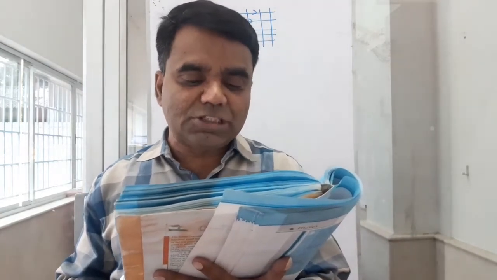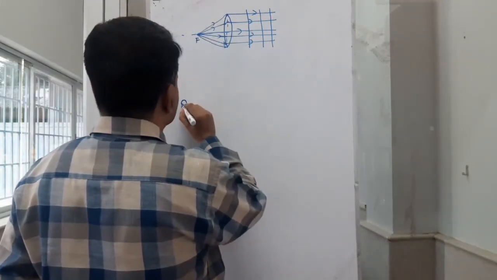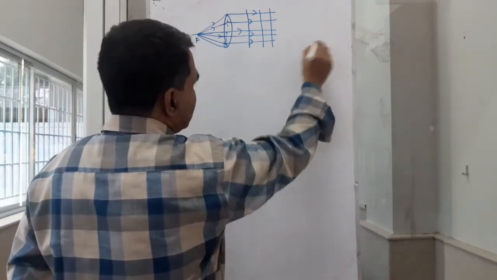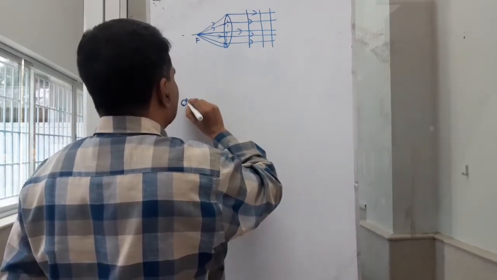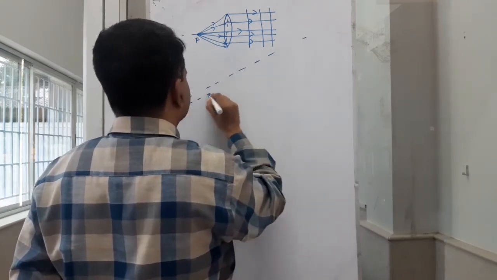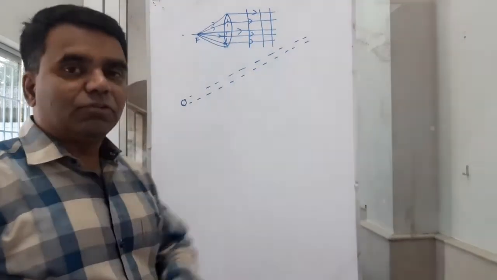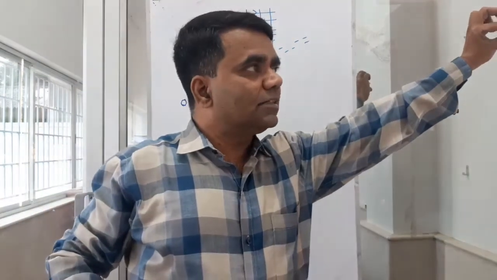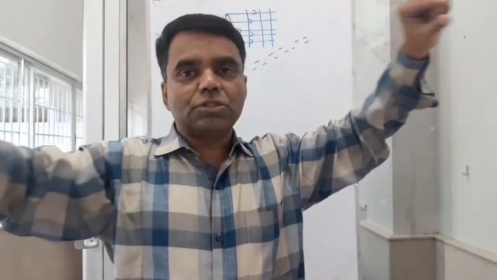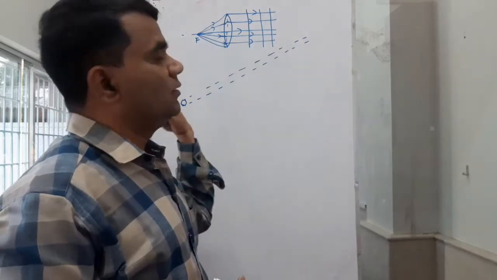C. The portion of the wavefront of light from a distant star intercepted by the Earth. Okay, you have Earth here, and there is a distant star. Then whatever light is coming from here must be parallel, because it's a distant star, it's so far away, so the light rays will be almost parallel.